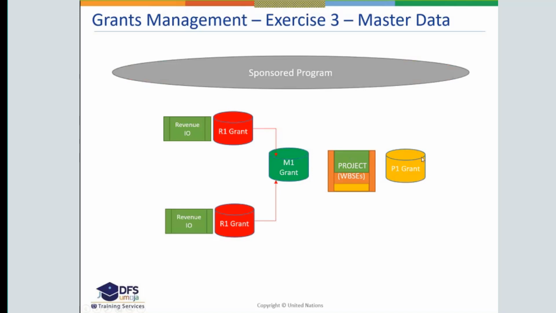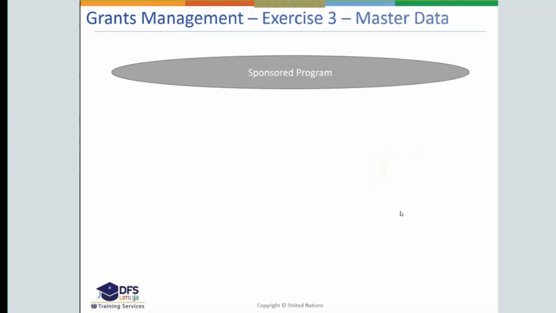And then we will have a P grant, which is always required when we have an implementing partner in place. We will use a WBS element within this project to track the implementing partner expenditures. So this is the master data related to grants, cost elements and the project.